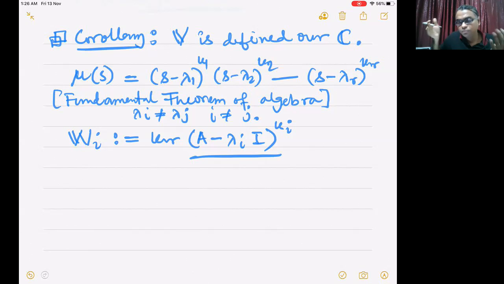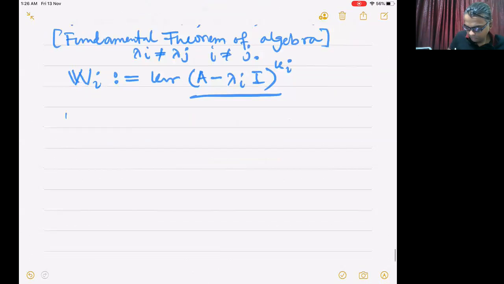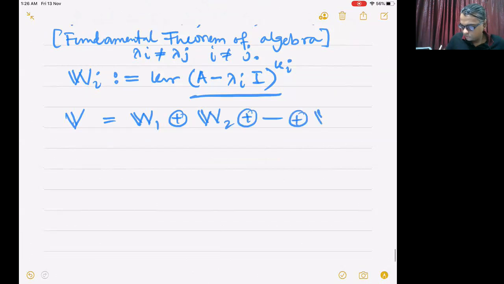Lambda i, lambda j would be distinct. All right. So these are coprime factors. Therefore, my V must be W1 direct sum W2 direct sum dot dot dot direct sum WR. How many were there? WR.